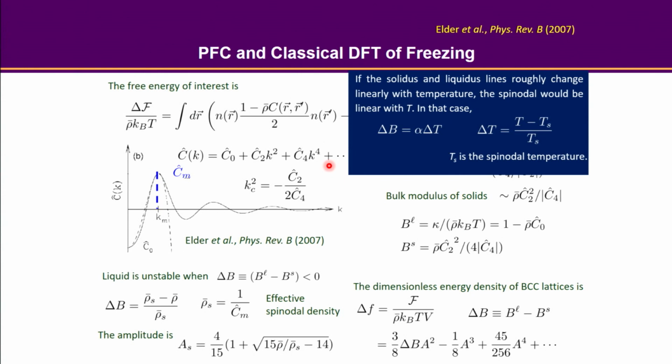Okay, so basically, there are many ways you can connect PFC parameters to the density functional theory. The idea is that you only have very limited parameters in the PFC, right? But as you can see here, even the pair correlation function itself in reciprocal space has so many degrees of freedom. In principle, there are infinite degrees of freedom, right?